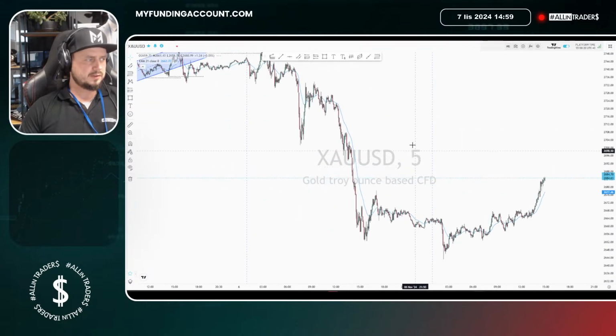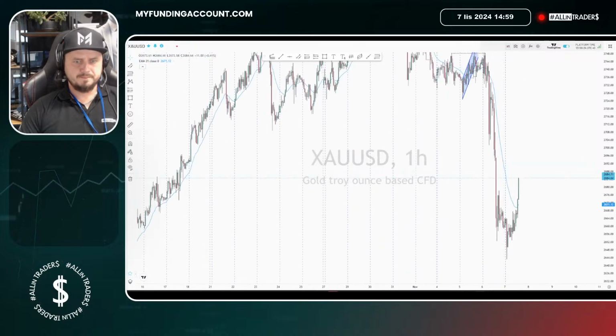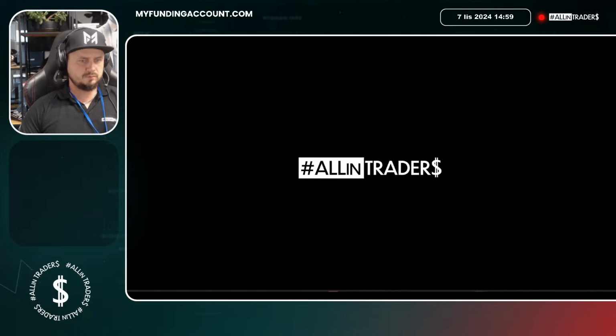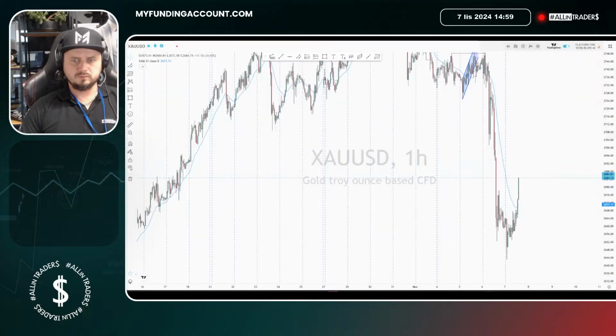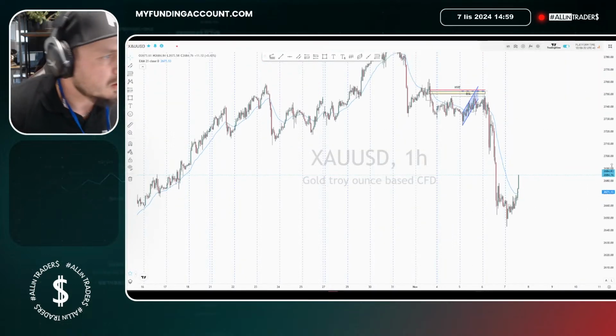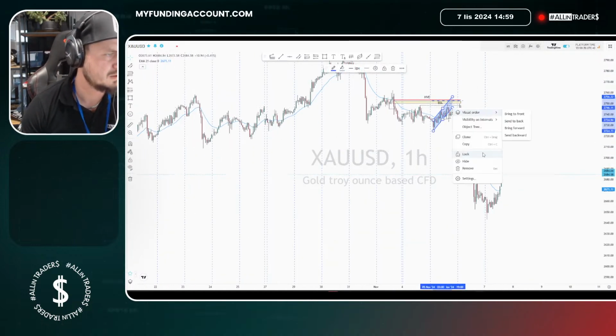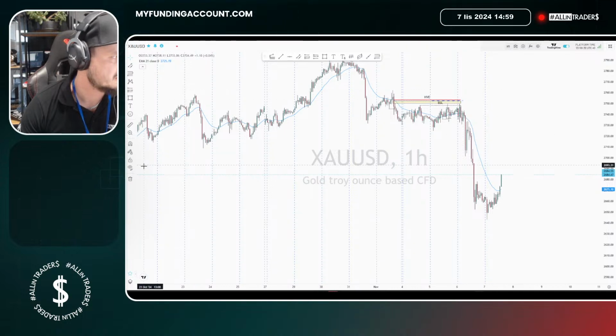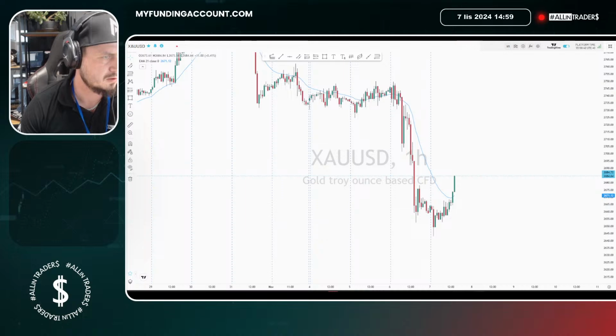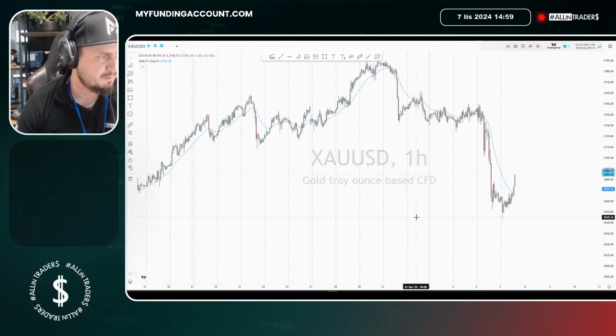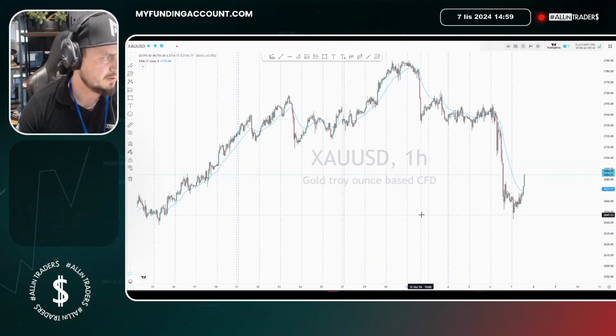Let's check something else. 1 hour time frame. Price is going higher.